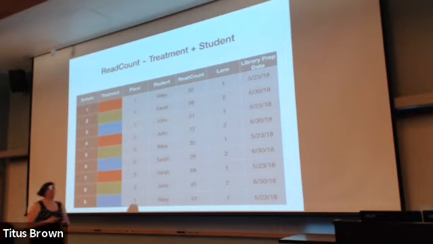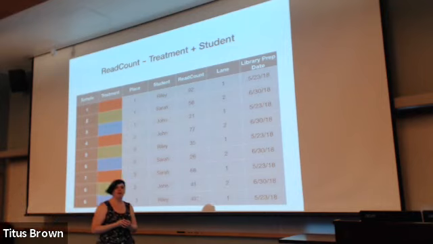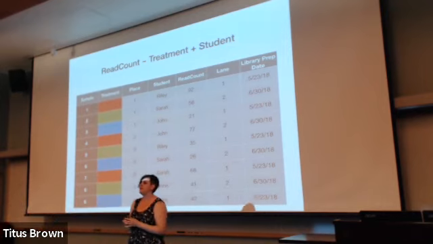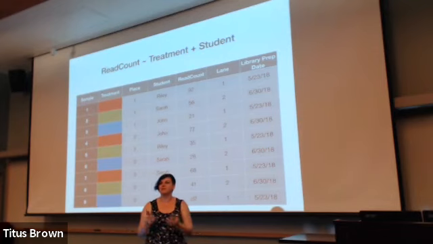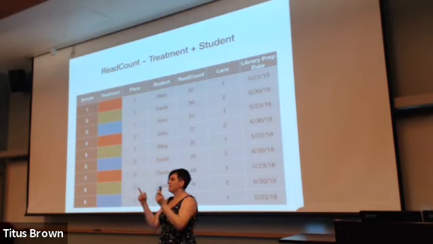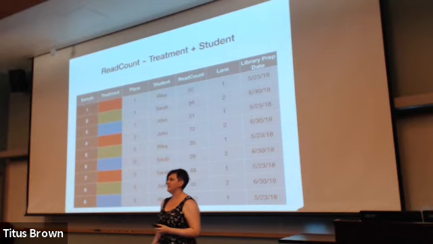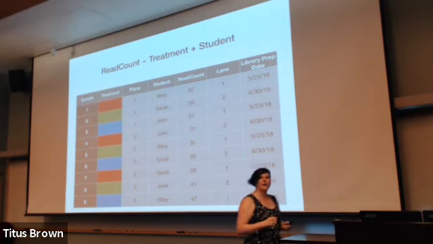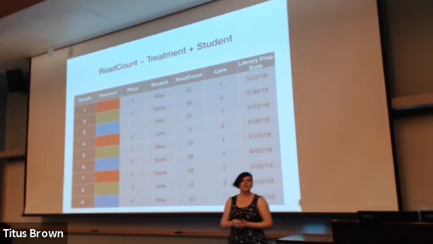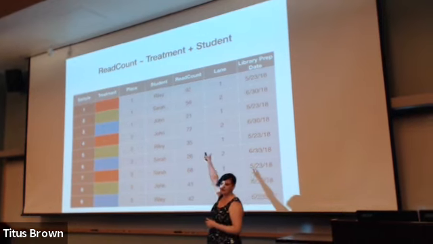What do you expect to get if we model treatment by student? So we check to see if our students are measuring differently. Talk amongst yourselves. 10 seconds. Go, go, go.